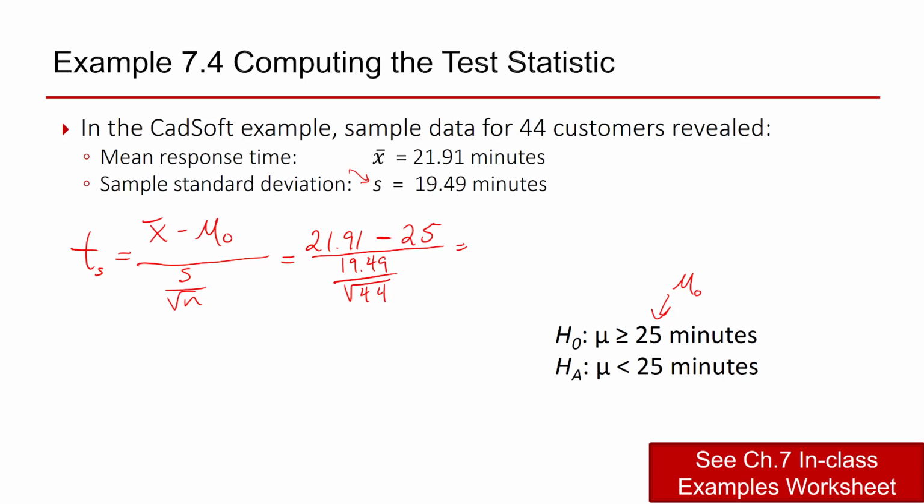21.91 minus 25 is negative 3.09, divided by 19.49, divided by the square root of 44.